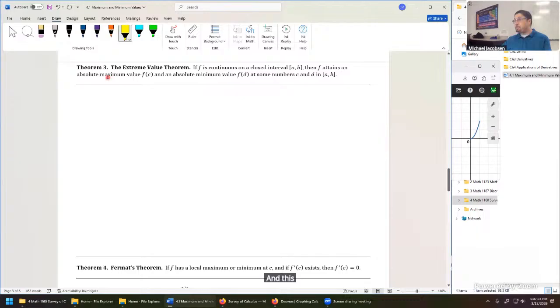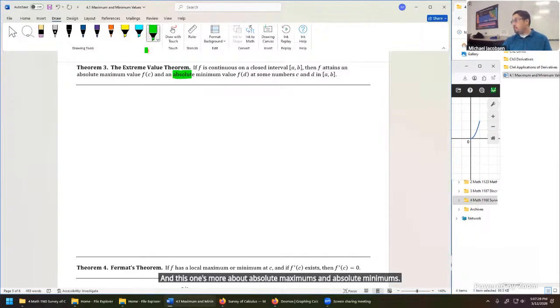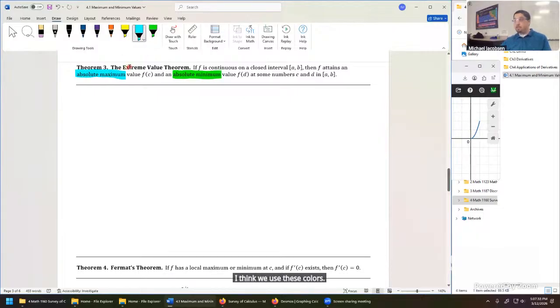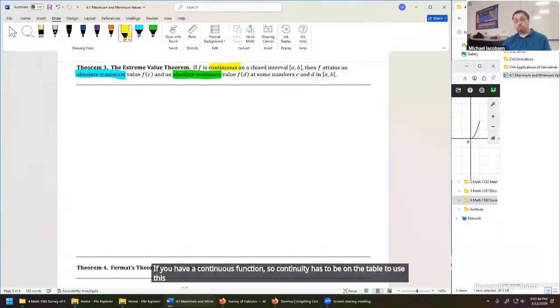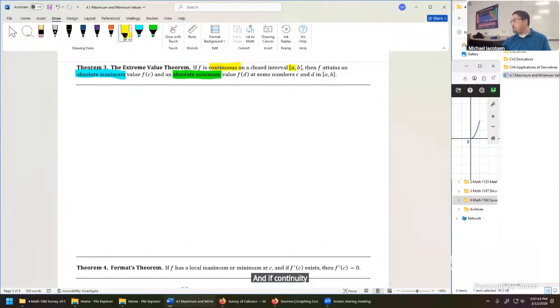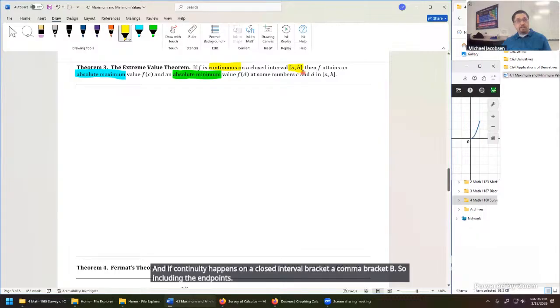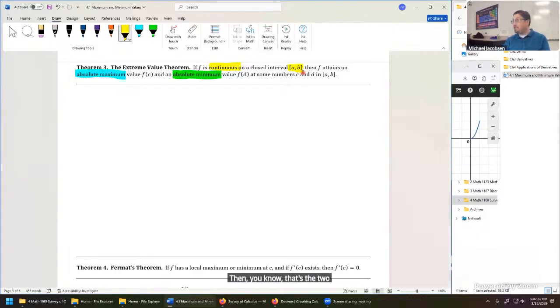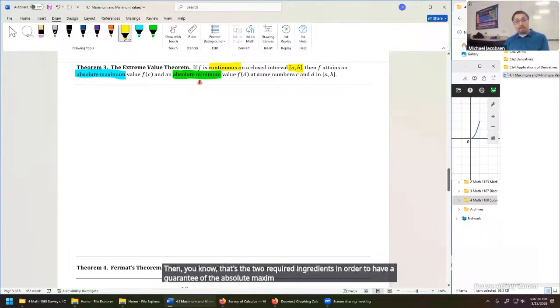And this one's more about absolute maximums and absolute minimums. The extreme value theorem says, if you have a continuous function, so continuity has to be on the table, and if continuity happens on a closed interval, [a, b], so including the endpoints, then, those are the 2 required ingredients in order to have a guarantee of the absolute maximum and the absolute minimum.